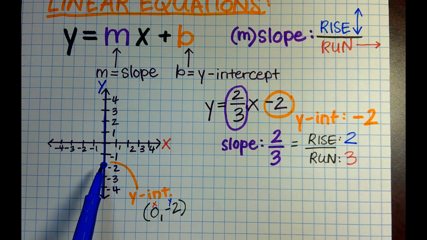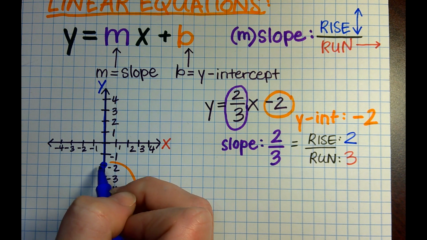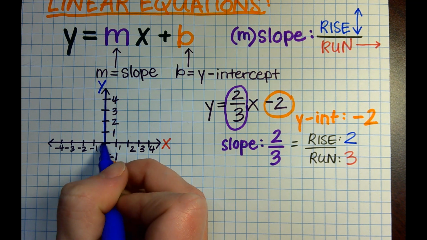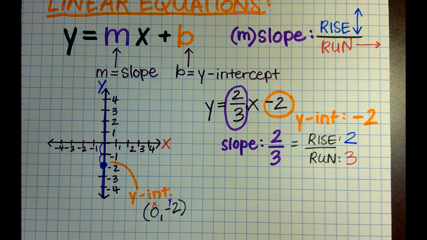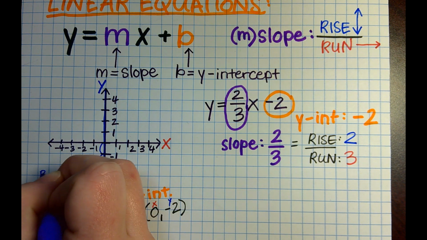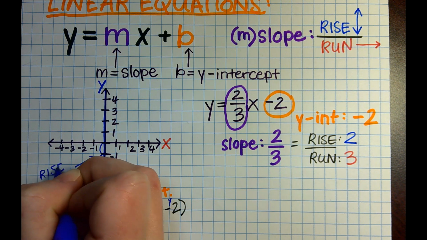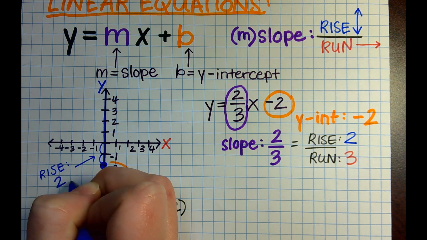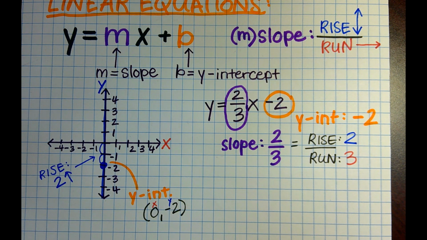The rise is +2, so I'm going to move up 2 spaces. I'm going to go up 1, 2, there's my rise, and you don't have to label this, but I'm going to, because I do think this helps. My rise was 2, so I went up 2.